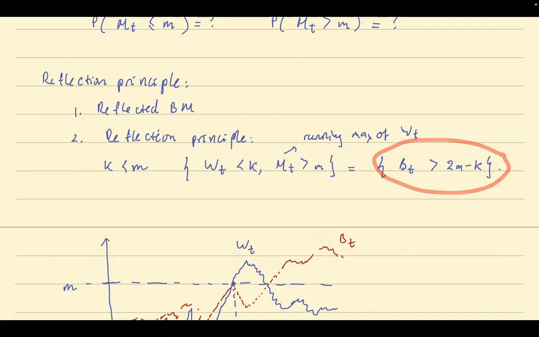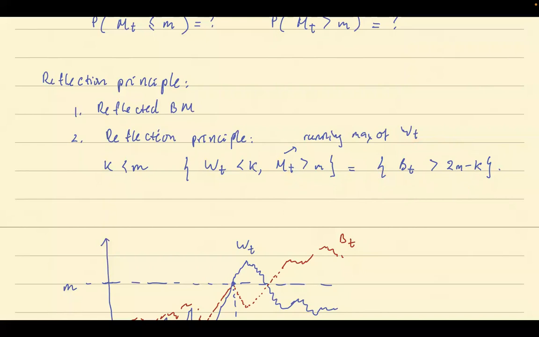So the moral of the story, if we can show this, is the joint distribution of a Brownian motion and its running max collapses to the distribution of another Brownian motion. So that's the beauty of this reflection principle. It allows you to control the distribution of the running max through a reflected Brownian motion.